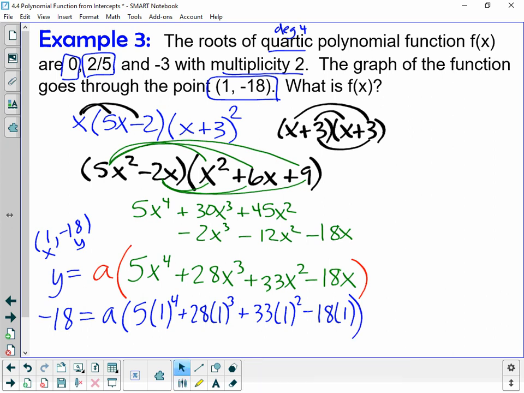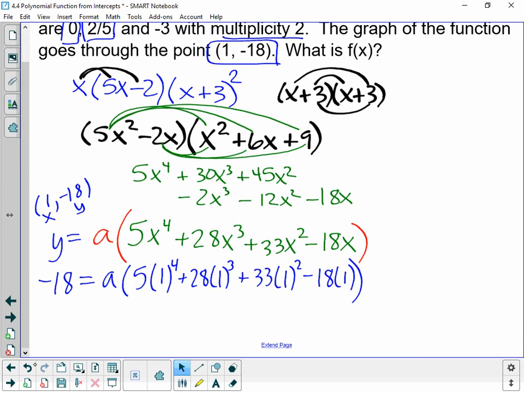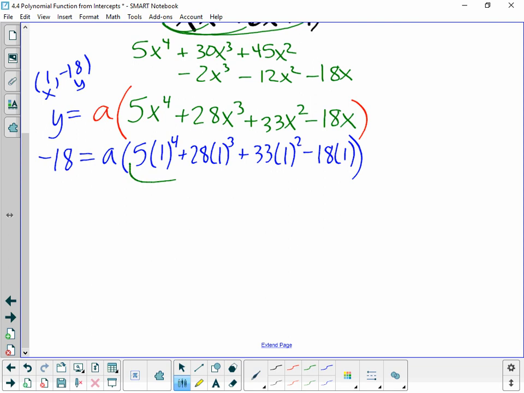So this whole part right here is just a number, and we can calculate that number. Let me grab my calculator and calculate it. And it's 48.